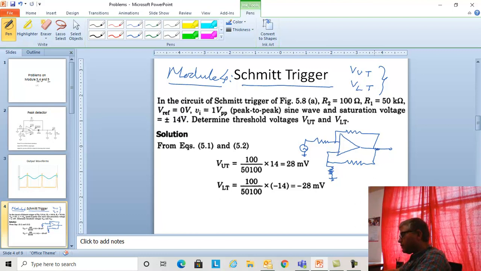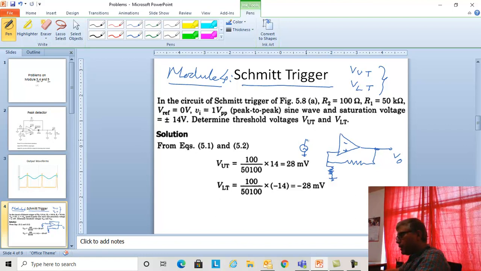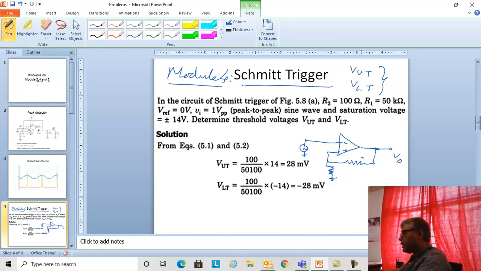I have connected this as an inverting amplifier with negative feedback. I'm just giving you all possible scenarios. Sometimes you will not have any resistor at all, and straight away you will have only this.